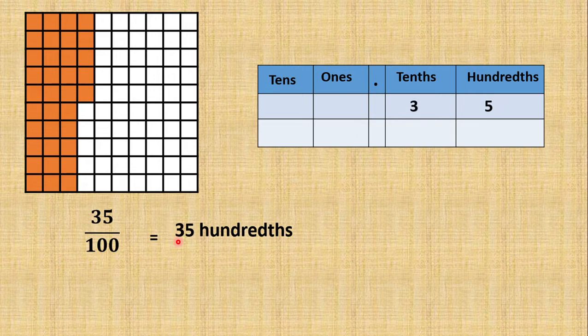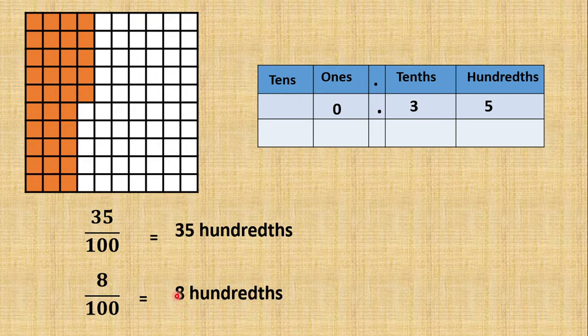And similarly, we will have the decimal point and then the 0. So if I have to say how much is 35 hundredths in decimal numbers, it will be 0.35.